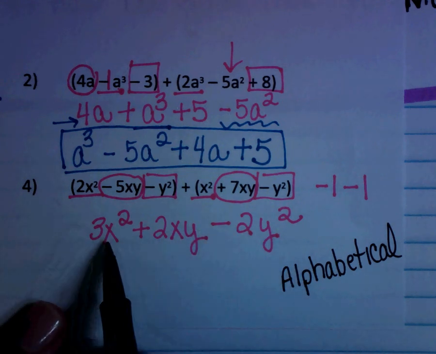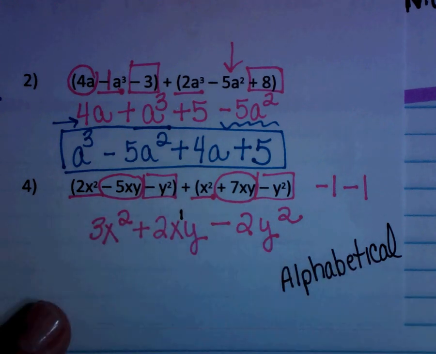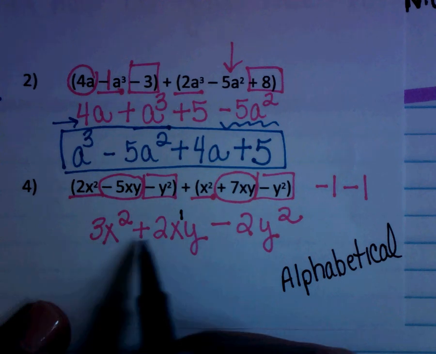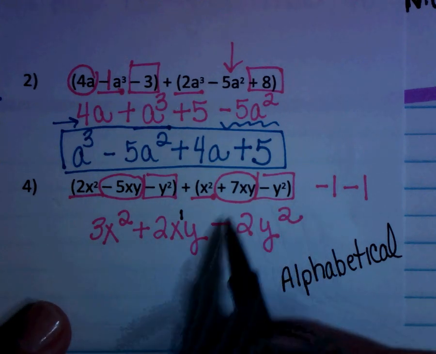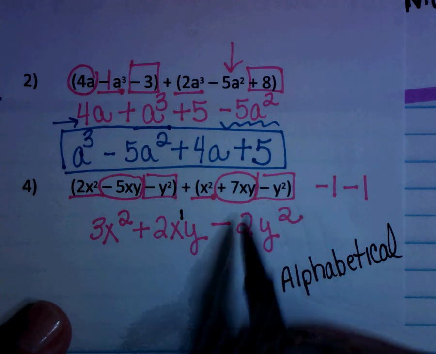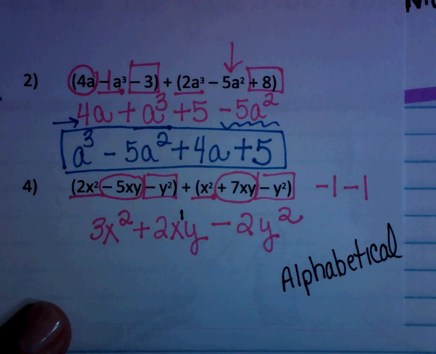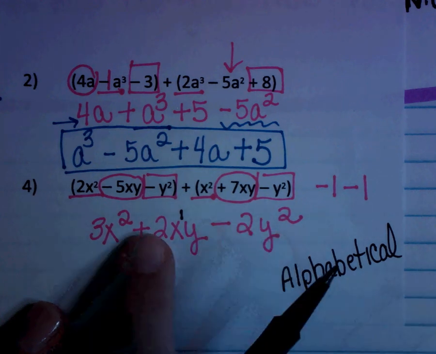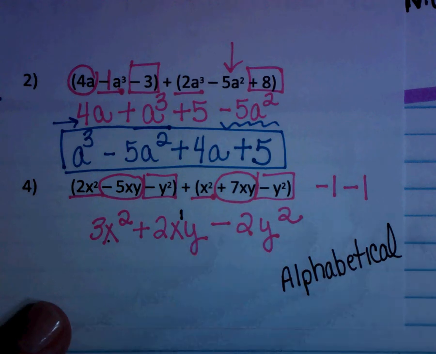So first we look at the x's. So we've got x squared and then x to the first. So those are in the correct order. Now we look toward the y's, and since this is the only term with a y in it, then this goes last. We wouldn't put this one in front because we have to do everything that has an x and then go from there.